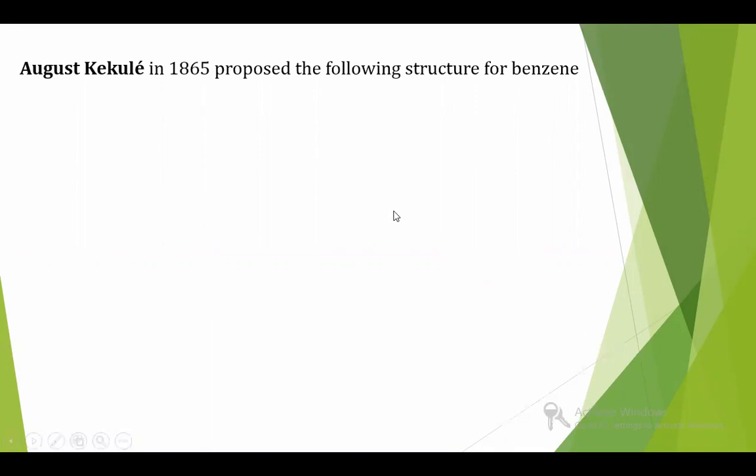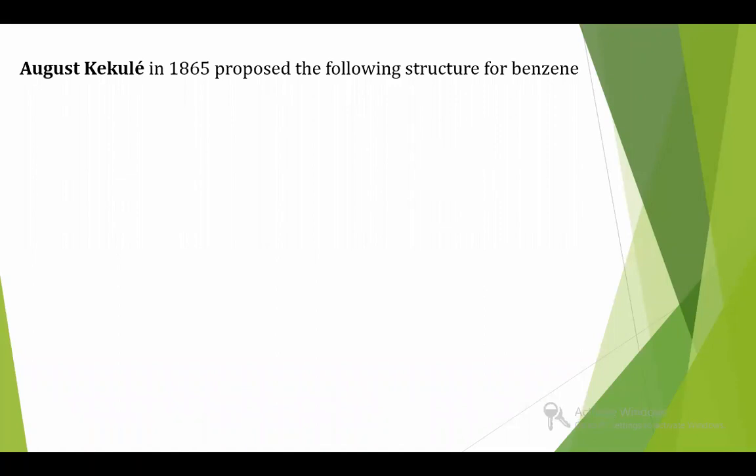Based on the earlier data, it shows addition reaction and substitution reaction, meaning the hydrogens are identical with each other, because the monosubstituted derivative shows all 6 hydrogens are identical.